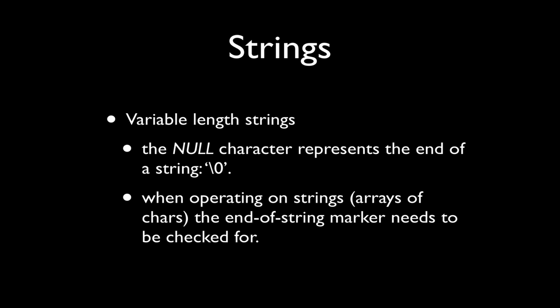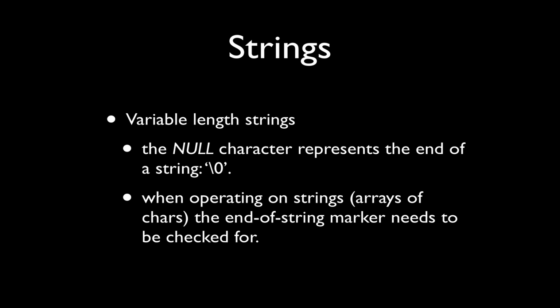Now in C, by using character arrays, we can represent strings, but we want to be able to represent variable length strings. Some strings might have fewer characters than others. Not all strings have the same length. So that is the significance of that null character, which we saw in the previous example.